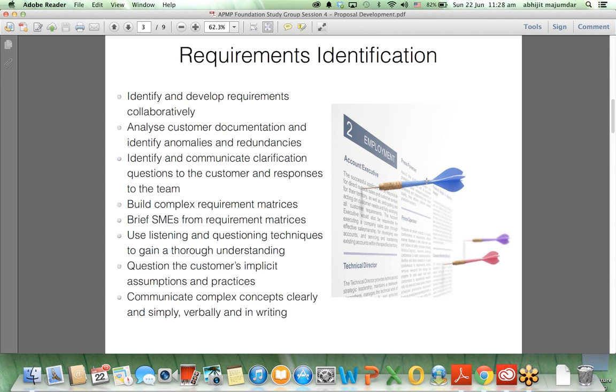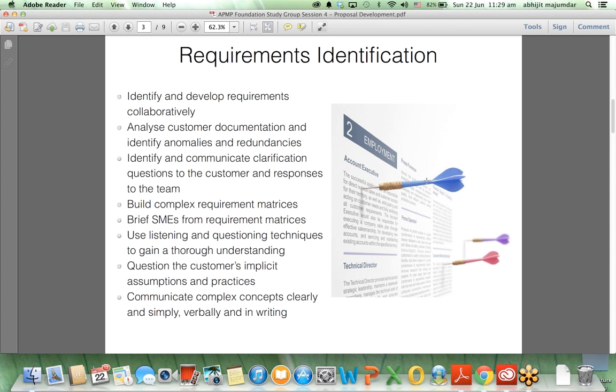A requirements matrix also helps in briefing the subject matter expert, because in a complex requirement you will bring in the subject matter experts, those who understand the domain, those who can guide the proposal team on exactly what the challenges or expectations the customer has from those requirements. And for briefing them, the requirements matrix helps, because you can categorize those requirements.